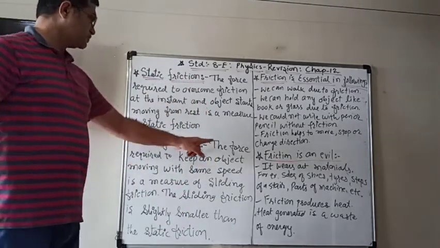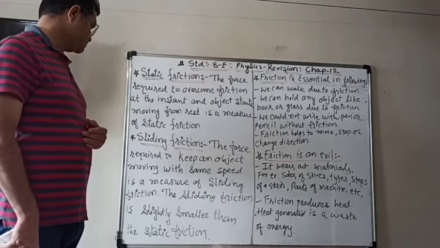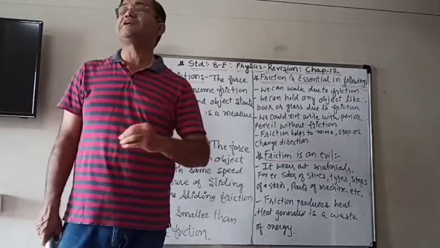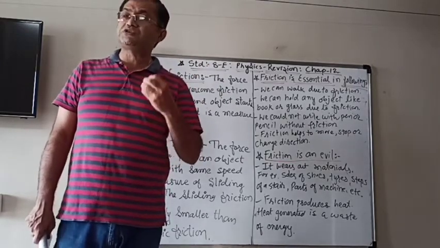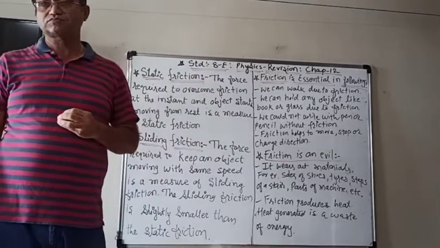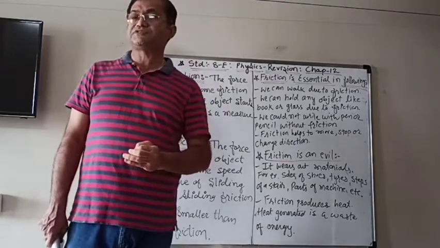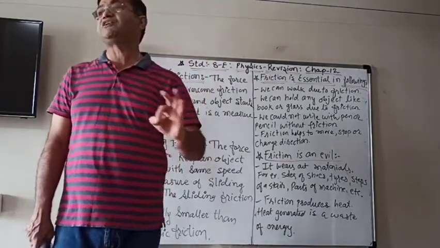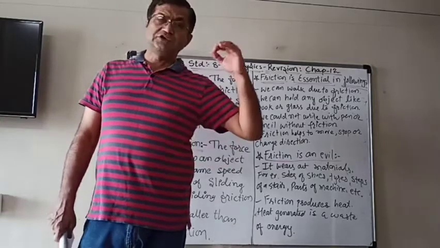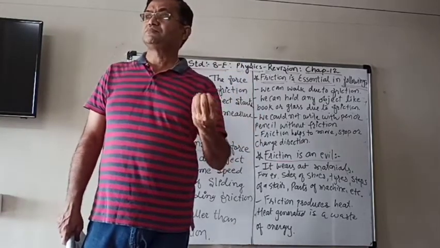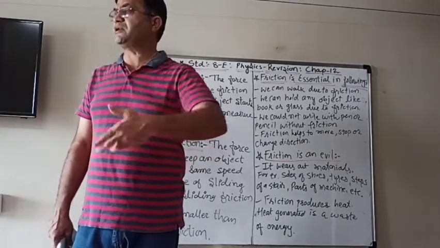So sliding friction, the force required to keep an object moving with the same speed, is a measure of sliding friction. Now tell me, which is easier, to bring the object from rest to motion or to keep the motion continuing?